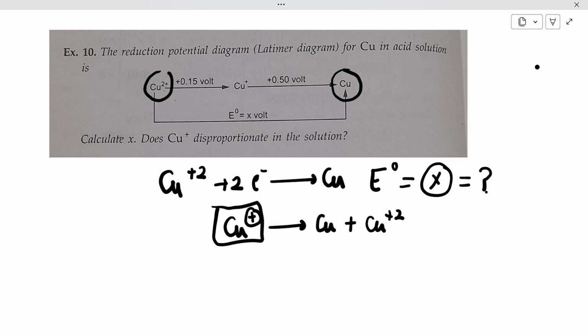It means, can Cu+ disproportionate or not? We have to find out these two things.